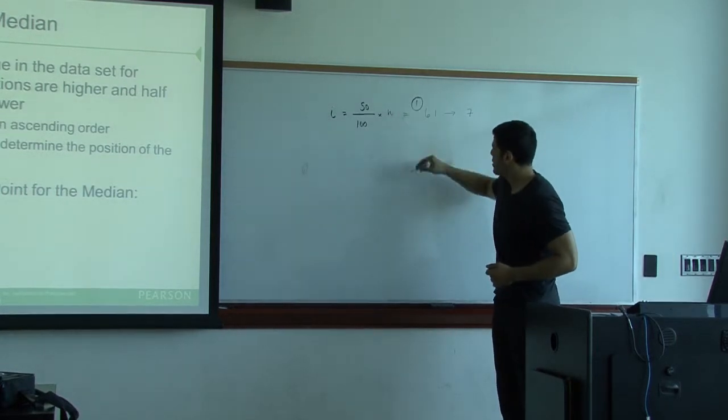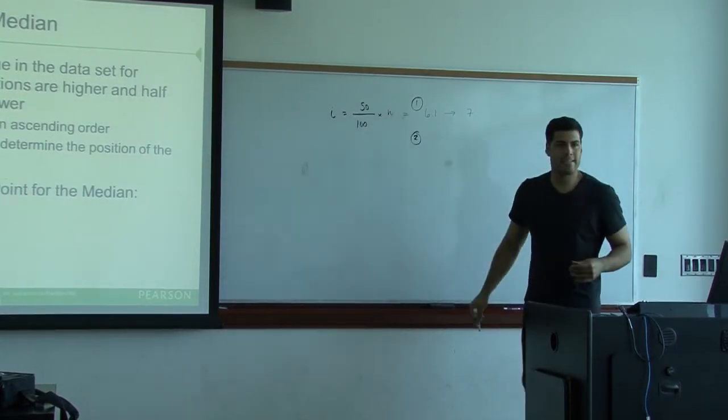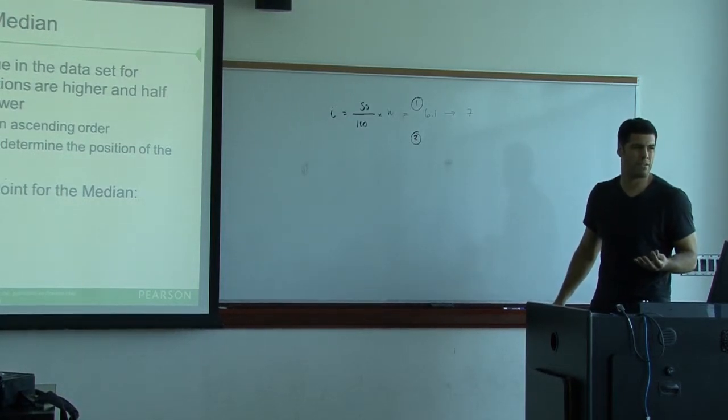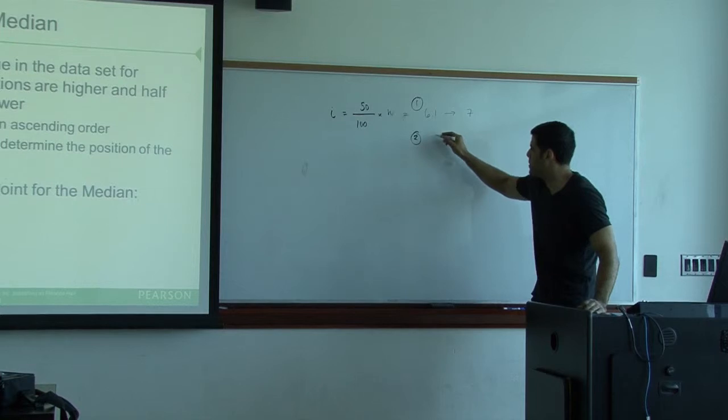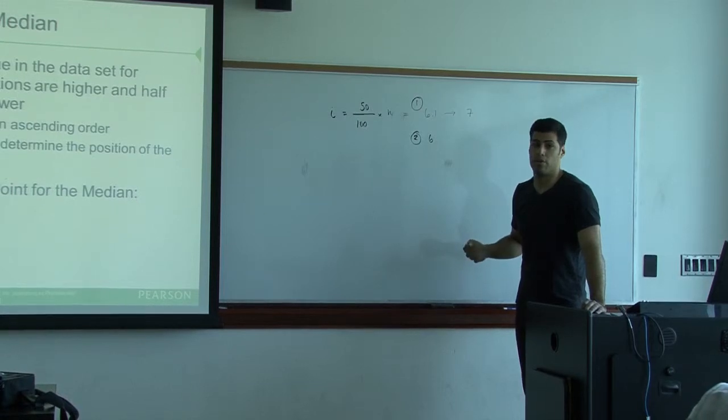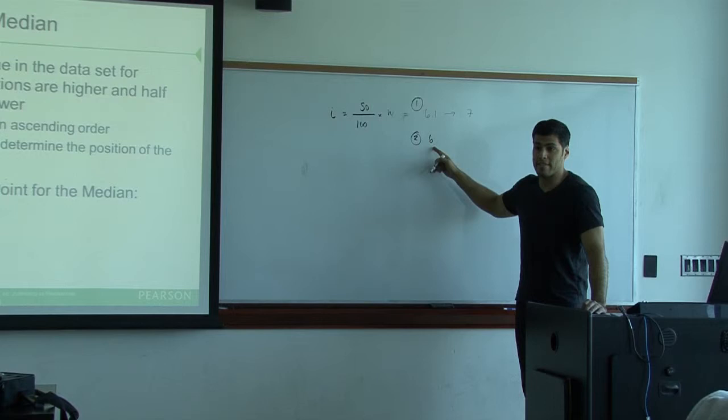Case number 2 is a case in which you actually get a whole number, which probably won't happen that often. Well, it may happen. Let's say you get 6. What do you do now? Do you round up? Can you even round up? No. Do you just look for the 6th data value? Nope. I know it would be so simple and nice.